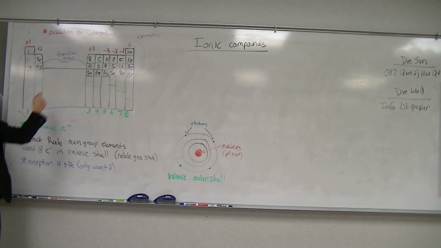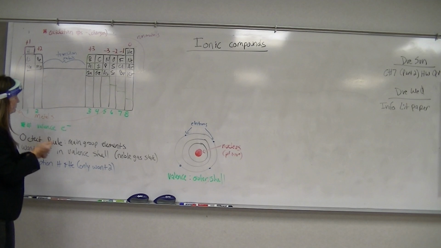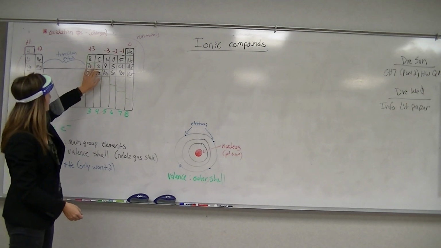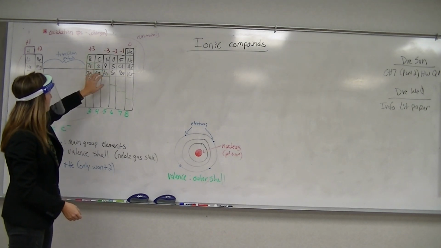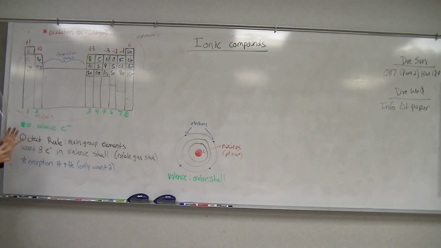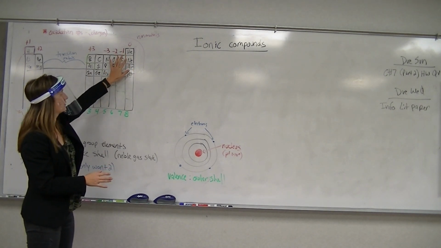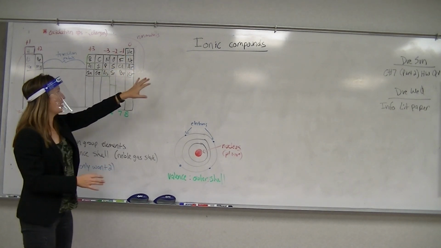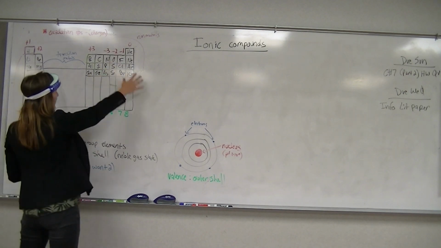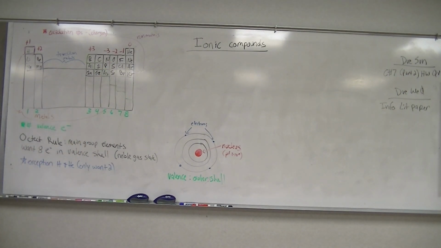This belongs over with the nonmetals. Anything touching the zigzag line, with the exception of aluminum, are metalloids. So this helps us identify the type of compound, because covalent are nonmetals, or metalloids, and ionic are a metal with a nonmetal. Okay, so we need to know the type for when we start naming it.